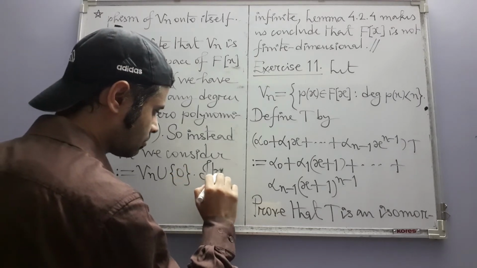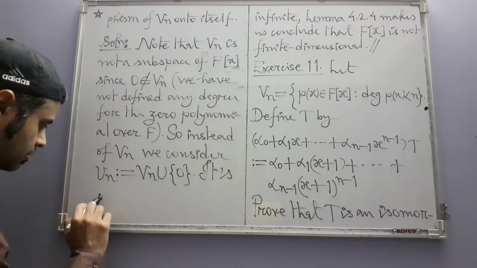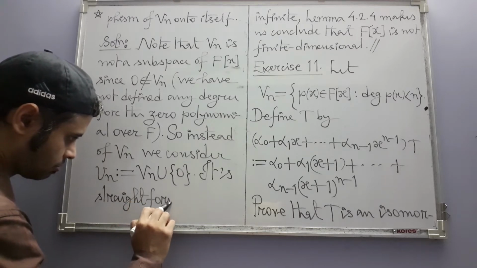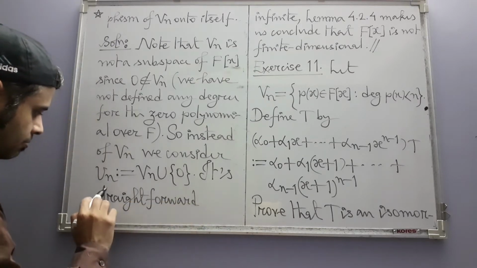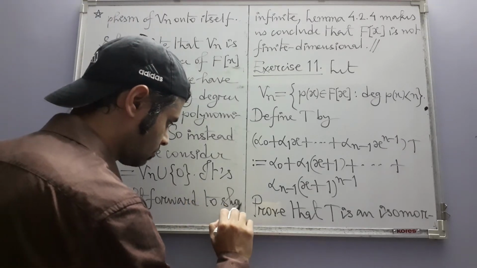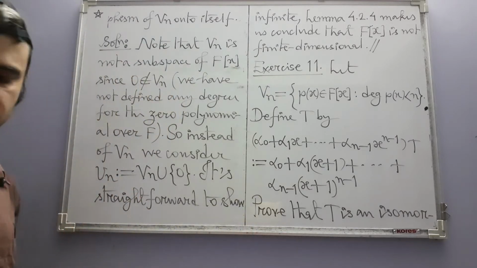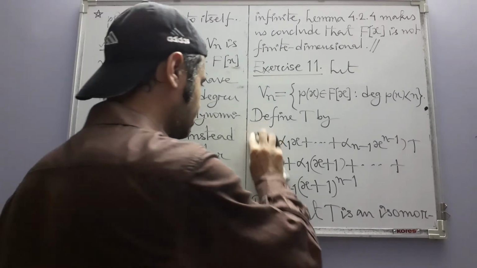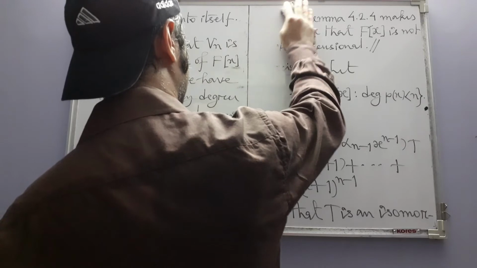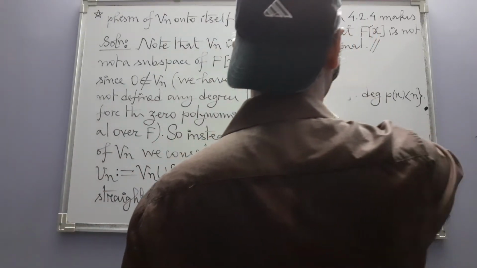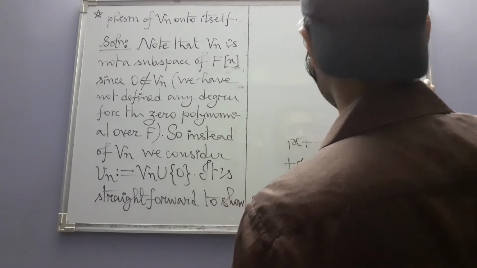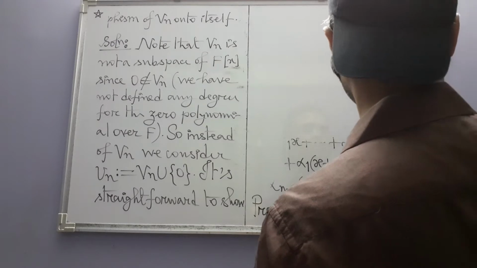It's straightforward to show that Un is a subspace of F[x], and straightforward to show means it's left to you. It's extremely easy. You don't even have to see whether Un is a non-empty subset or not. It is non-empty because now the zero vector is there, the zero polynomial.